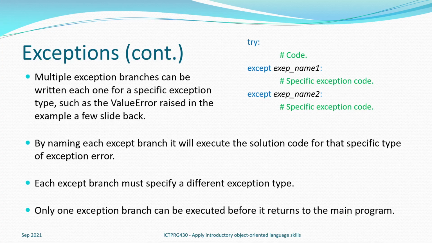It also allows us to get more information on the precise errors that occur, because we have specific information being generated based on the error type. So it will match one of the named except branches, and it will execute the code associated with that.